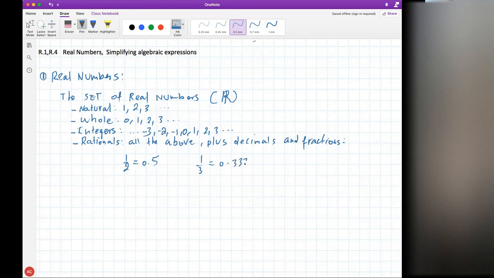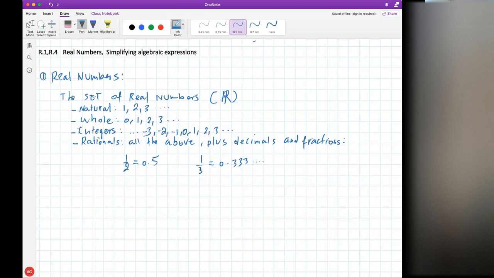That's right, 3, 3, 3, and it keeps going. It never ends. This is one of those non-ending decimals. This one ends when you do the division. It's exactly 0.5, but this one keeps going and going. So for rational numbers, we have two types of decimals: the decimals that end, and the decimals that repeat and never end.